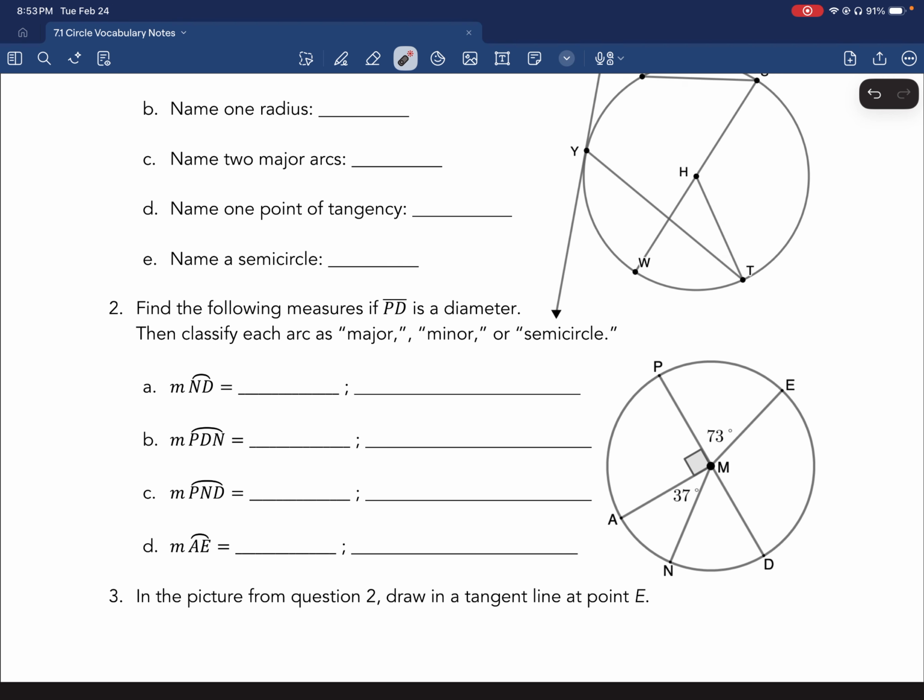So remember, arcs have the same measure as the central angles. And to find some of these, you're going to have to remember those angle relationships that we've talked about in the past, such as supplementary angles, vertical angles, maybe, different angles like that. Okay, so see if you can find what these angles are, and that's going to help you find how long the arcs are. Okay.